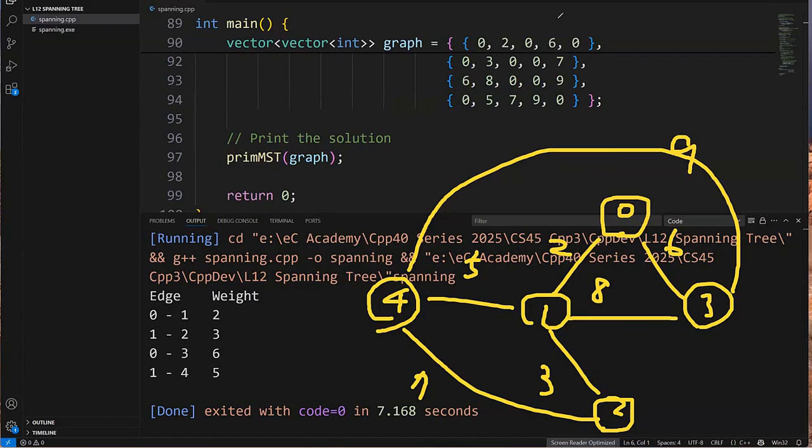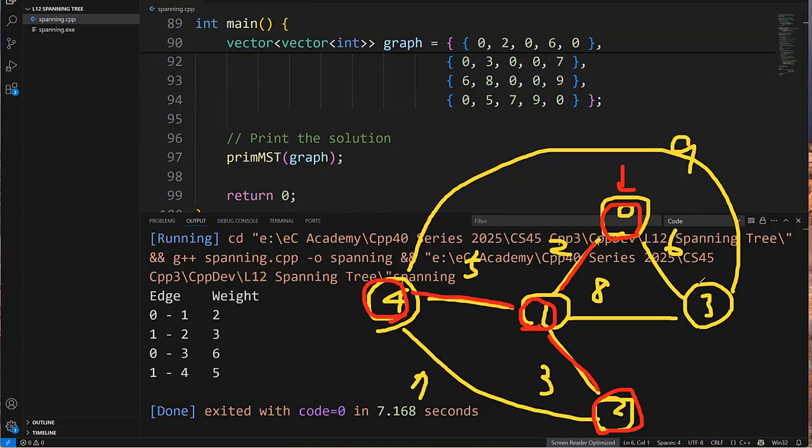Now you get started with node 0 right here. You pick 2 to go to 1. Then you have 6, 8, 3, 5. You pick 3 to 2. Now you have 0, 1, 2. Then you have 9, 5, 7, 6, 8. So you pick 5, which goes to 4.